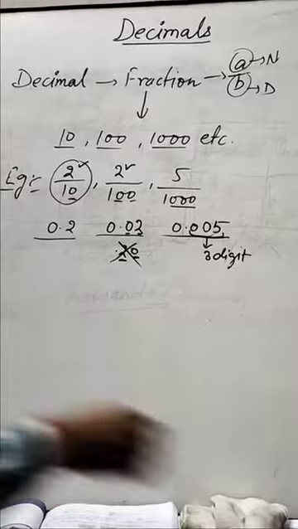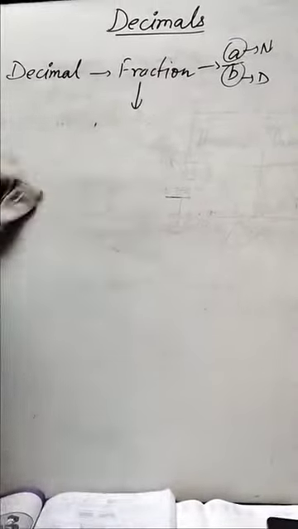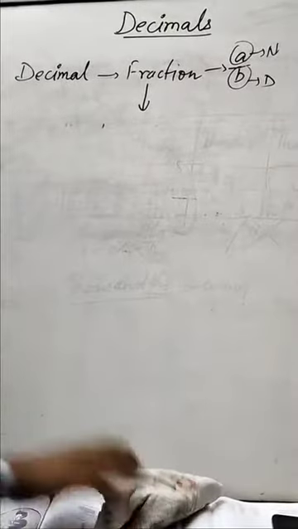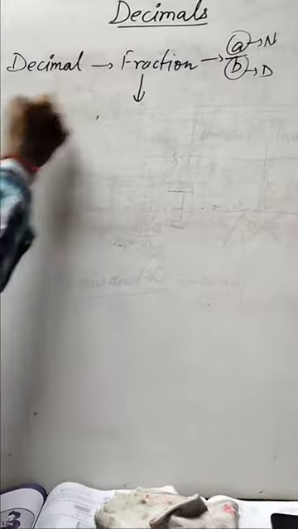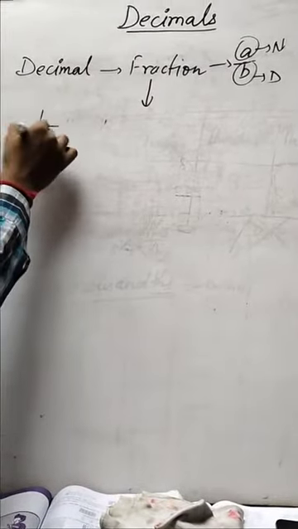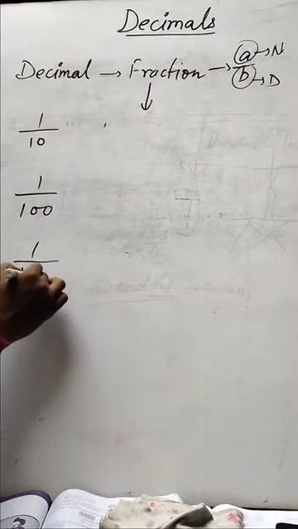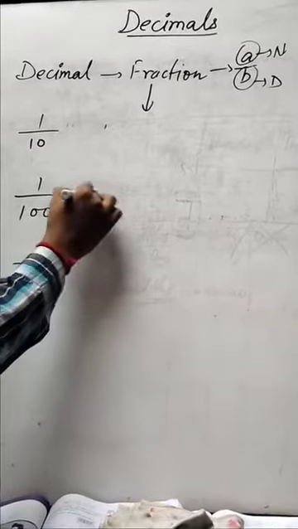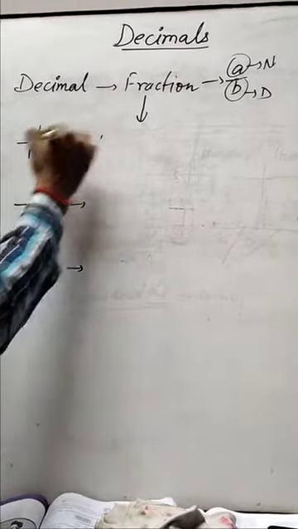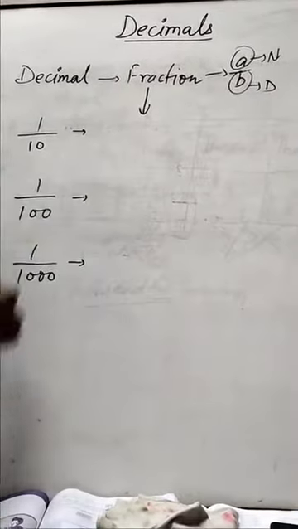Next, 1 upon 10, 1 upon 100 and 1 upon 1000. If these numbers are here, how can we categorize these numbers?